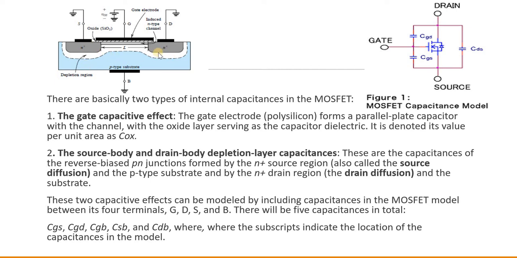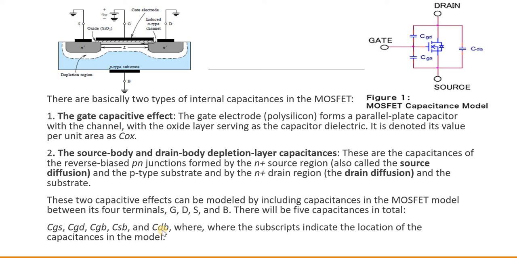Whatever capacitances we obtain because of this are called junction capacitances. Altogether, because of the gate capacitive effect, we have three capacitances, CGS, CGD, and, with respect to the body, CGB. And there are two junction capacitances, CSB and CDB.